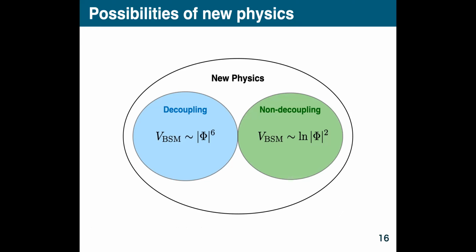In other parts, the non-decoupling EFT can describe such new Higgs, new physics. And in the nearly aligned Higgs EFT, by changing the parameter R, this EFT can describe both cases. So this is the interesting point of the nearly aligned Higgs EFT.